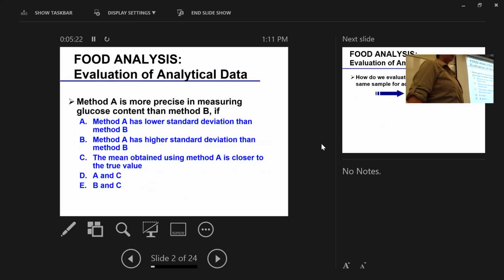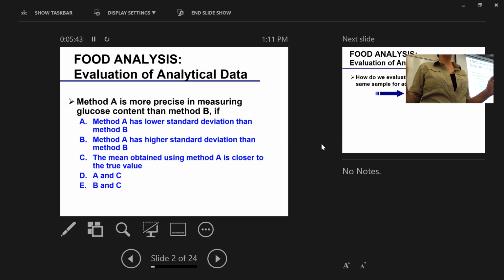All right, so we're going to evaluate data throughout the semester. This is kind of an introductory lecture. You've gone through data evaluation in high school, potentially looking at mean, standard deviation, coefficient of variation.